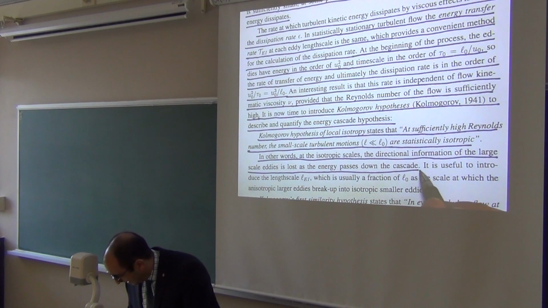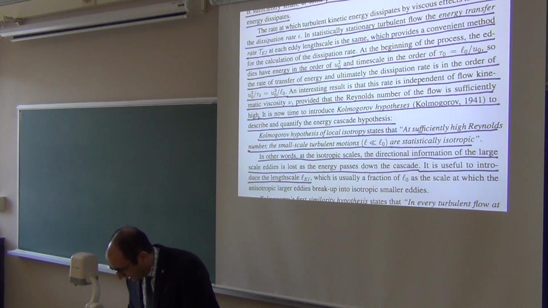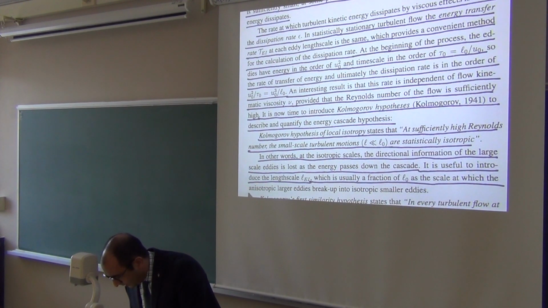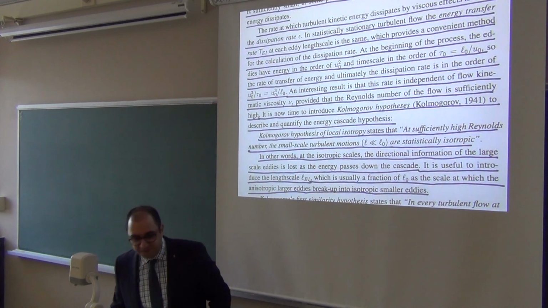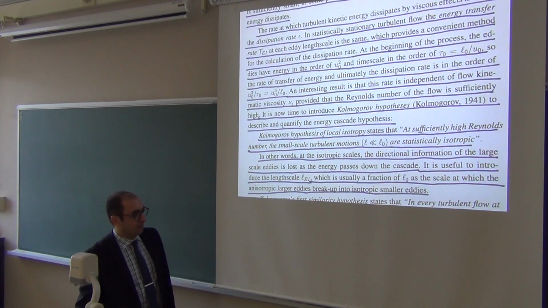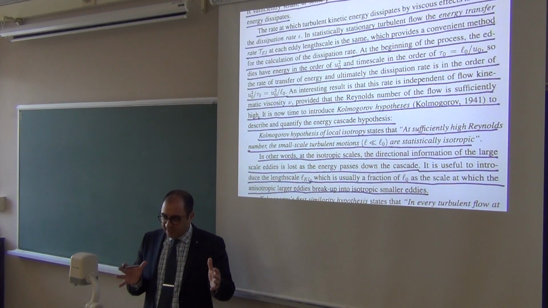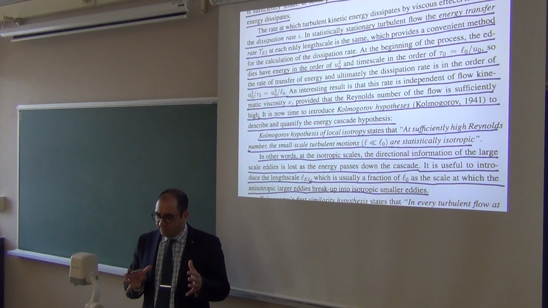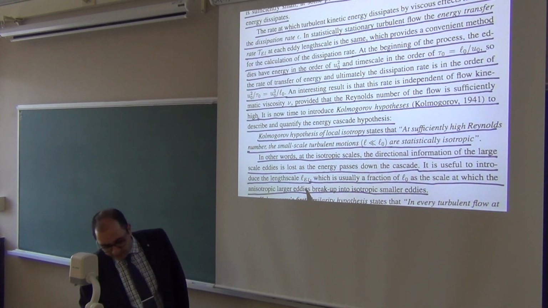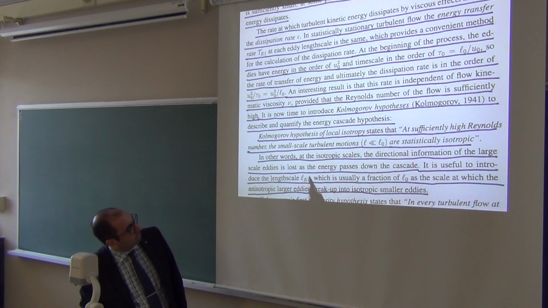So it is useful to introduce length scale L_EI, which is usually a fraction of the big scale L, for which this isotropic behavior appears, right? So at the big scale, it's not isotropic. At some scale, the fluctuations become isotropic. We know that scale as L_EI.